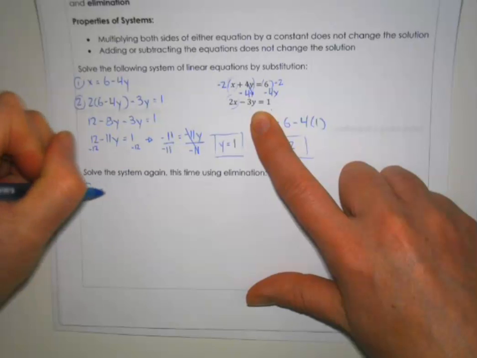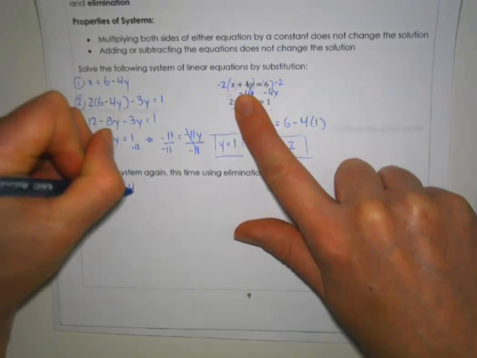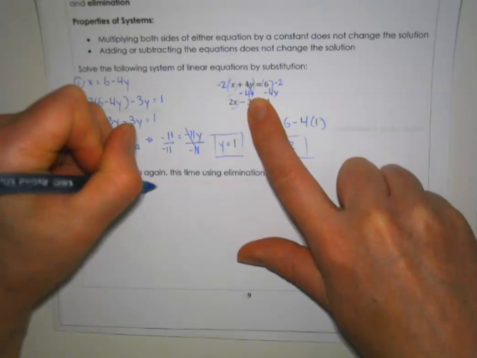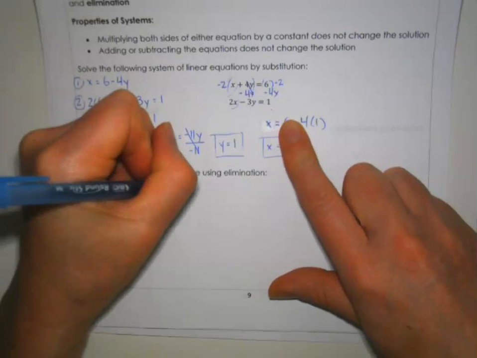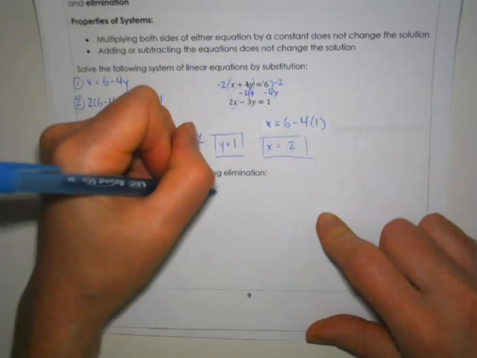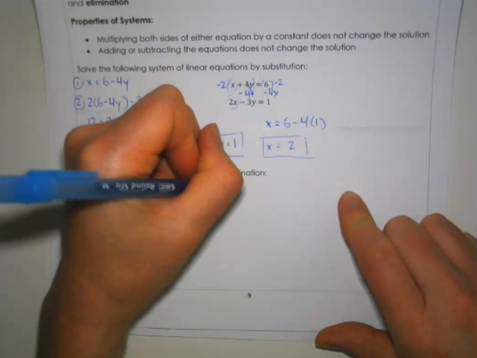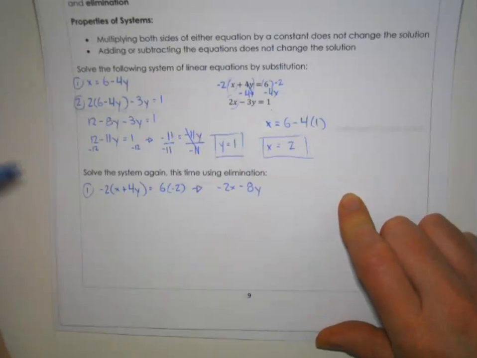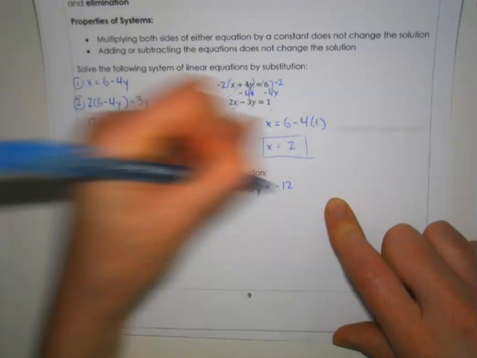So I'm going to have negative 2 times x plus 4y equals 6 times negative 2. Okay, so I'll just multiply that out. Negative 2 times x gives me negative 2x. Negative 2 times 4y gives me negative 8y. And 6 times negative 2 gives me negative 12.